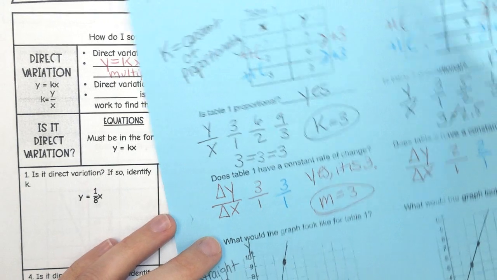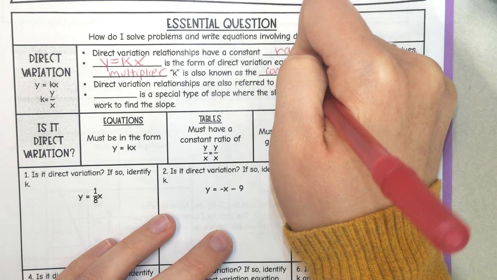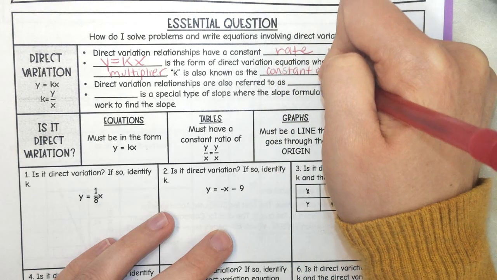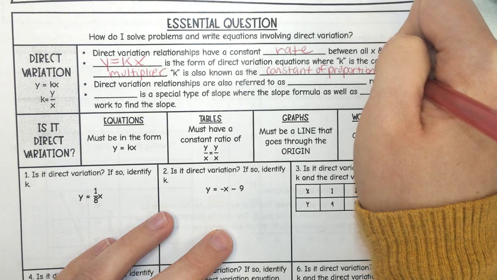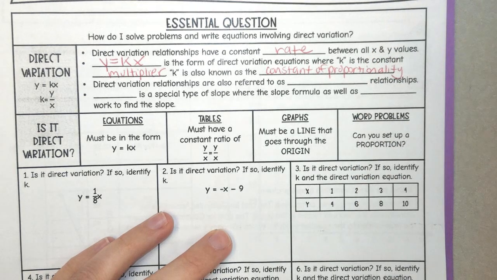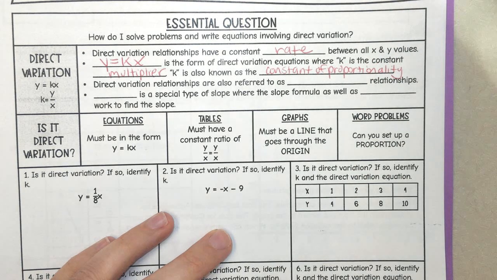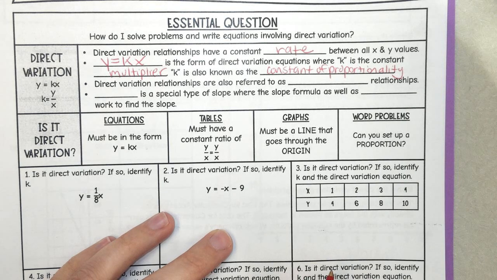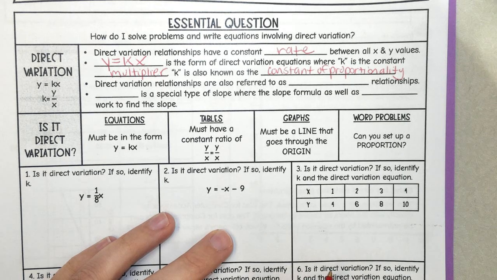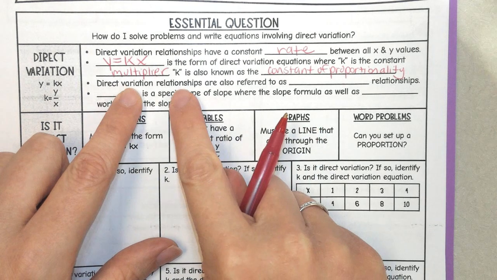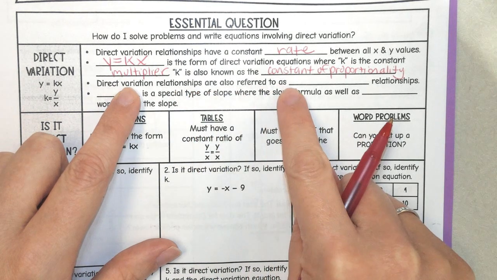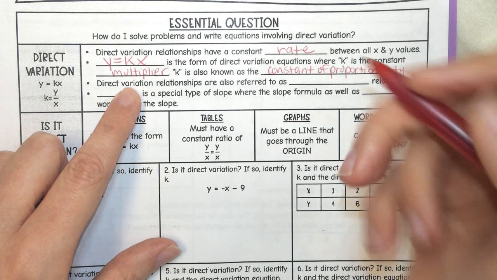Constant of proportionality. Okay. Says direct variation relationships are also referred to as proportional.